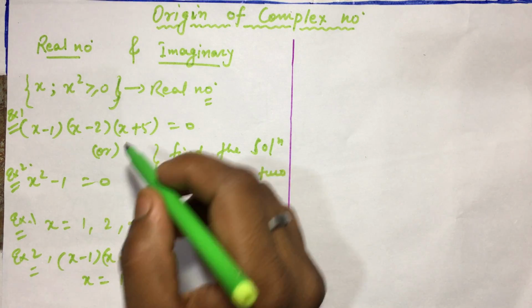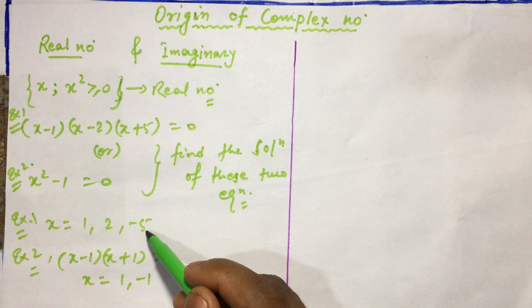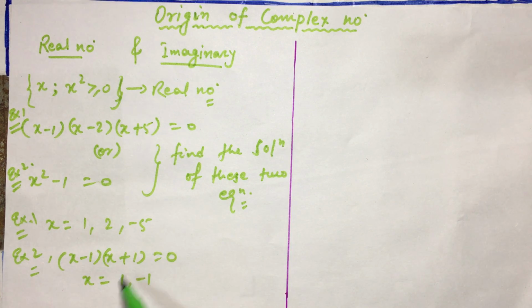We can check whether these are real numbers by squaring each solution and checking whether it is greater than or equal to 0. If any of these solutions is squared, we get a value greater than 0, so these are real numbers.